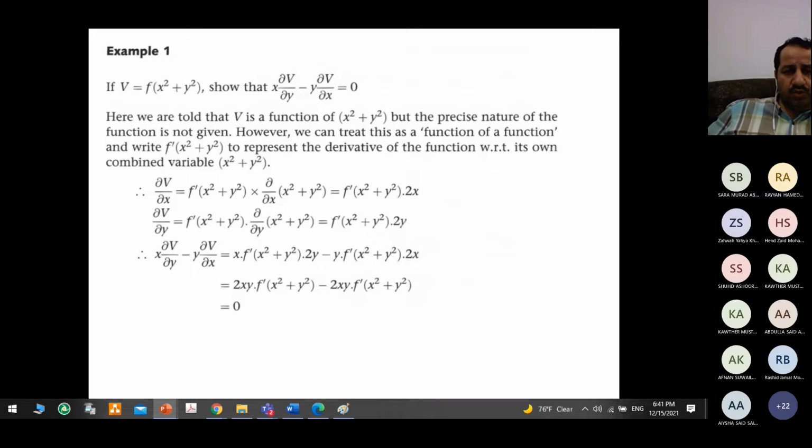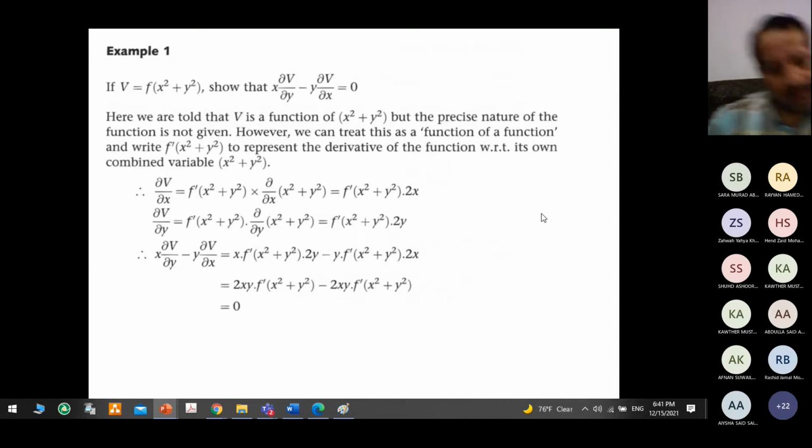And it wants you to show that x multiplied by partial v over partial y minus y multiplied by partial v over partial x equals 0. So we don't know what is inside the function. We just know it's a function of x squared plus y squared.